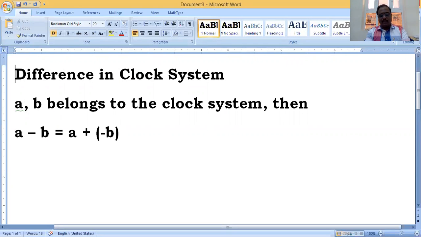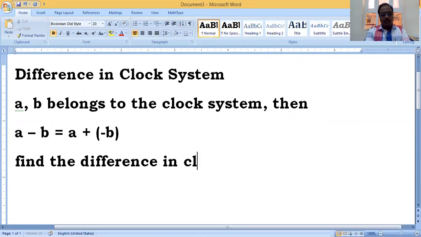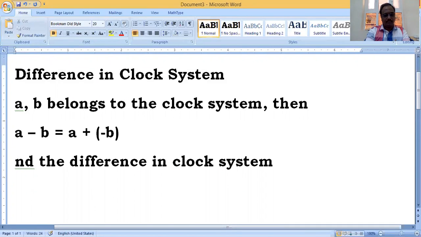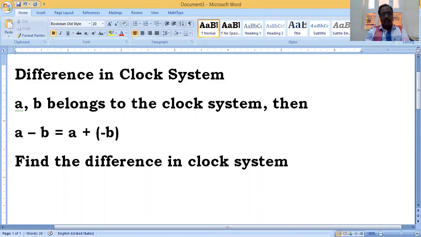Let me take a sample problem: the difference in the clock system. For example, I want to find what is 8 minus 3.